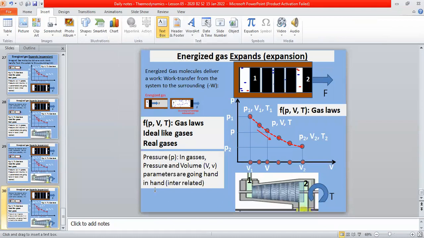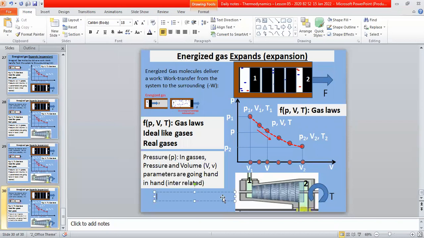This turbine, we call it an open system because you can see in and out.